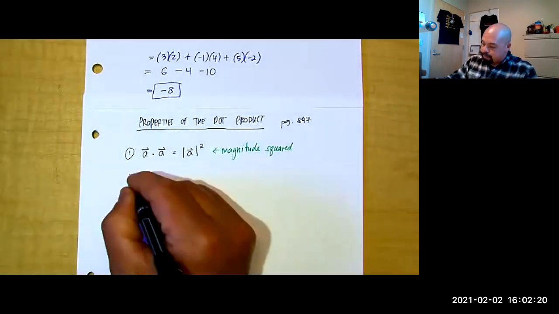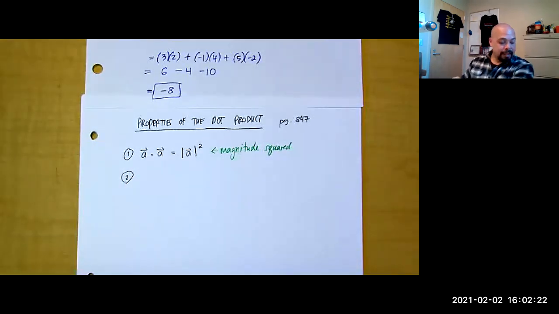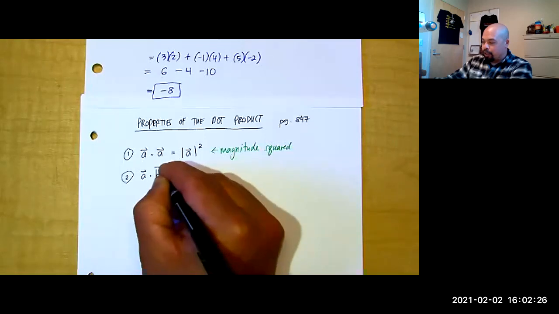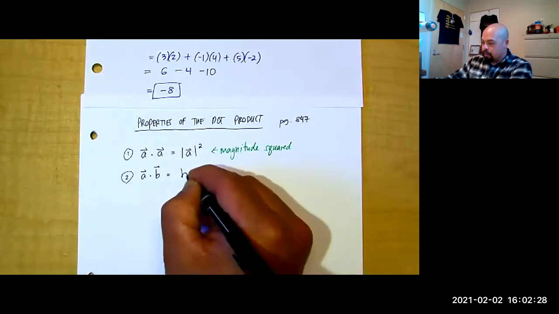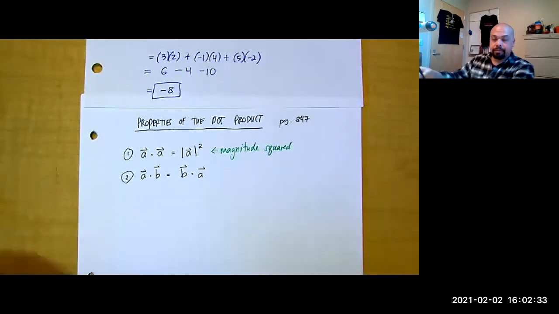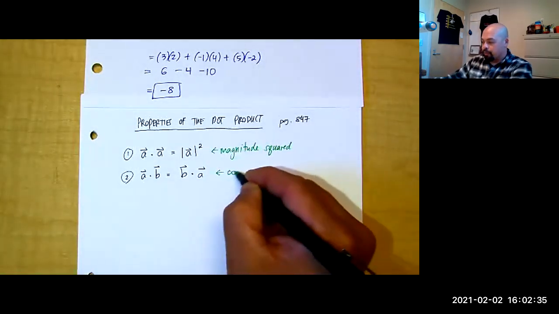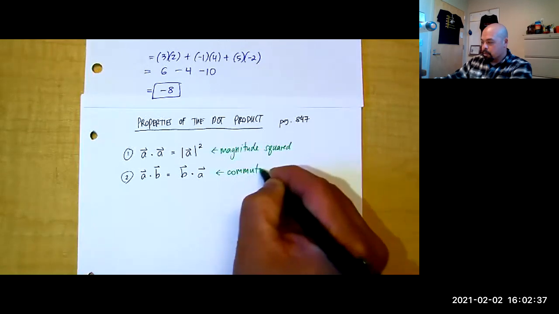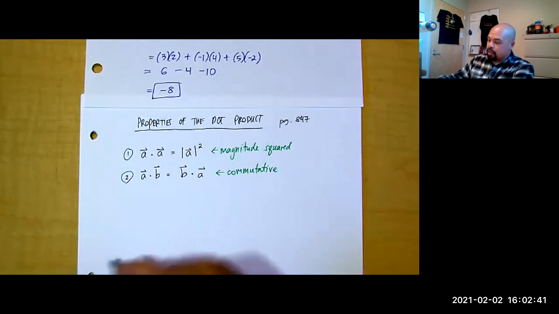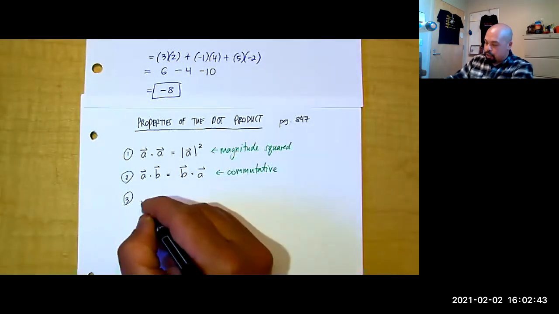Next up, we have the fact that the dot product is commutative. Since we're multiplying, and multiplication with real numbers is commutative, the dot product should be commutative. Then we have something like a distribution.